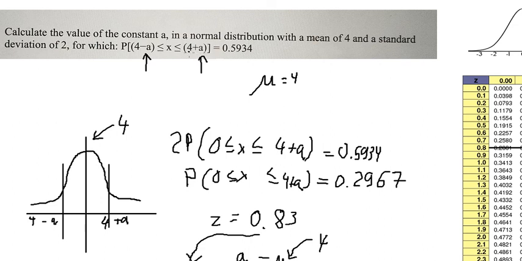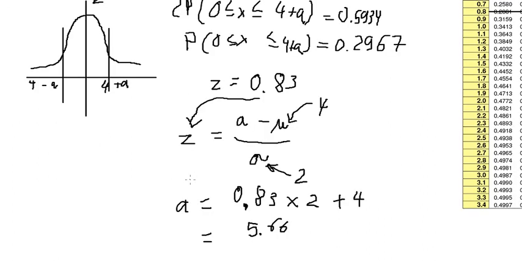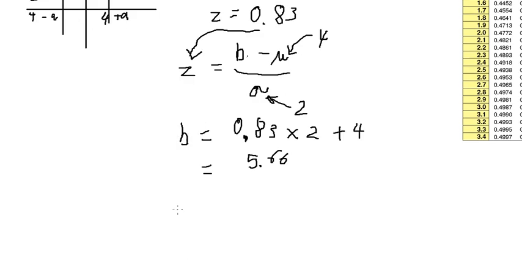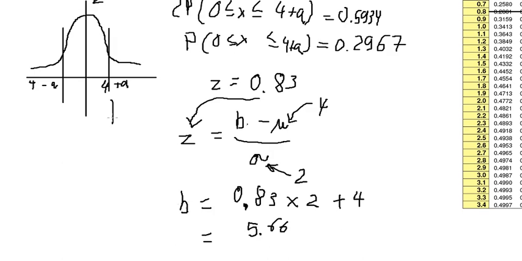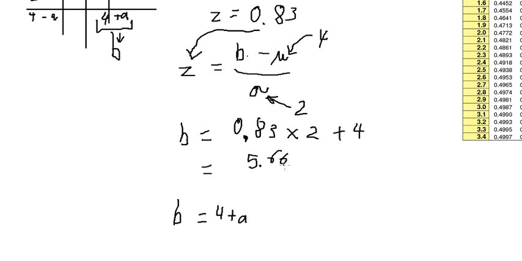But they want to find the value A in here. And we know we have number 4. So in this situation, I think I need to change this one into B. So we know that B equals 4 plus A. Because this is the value of B in here, at 5.66.